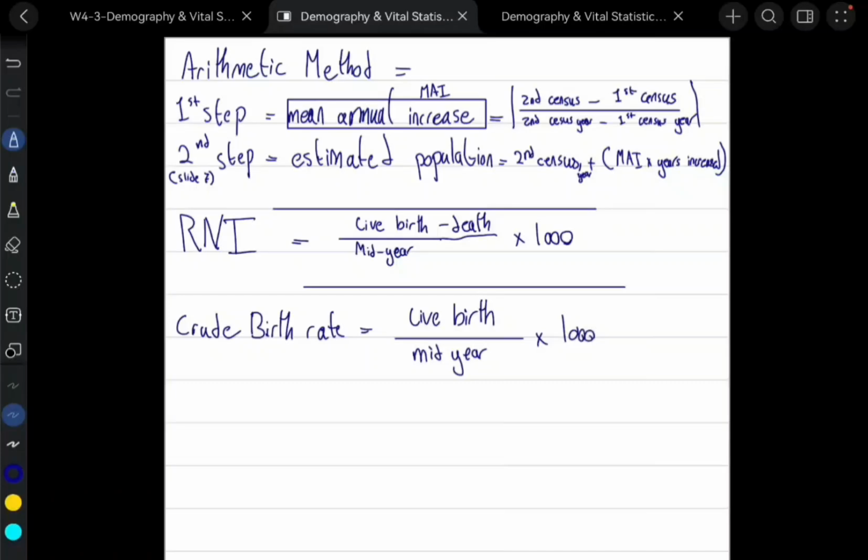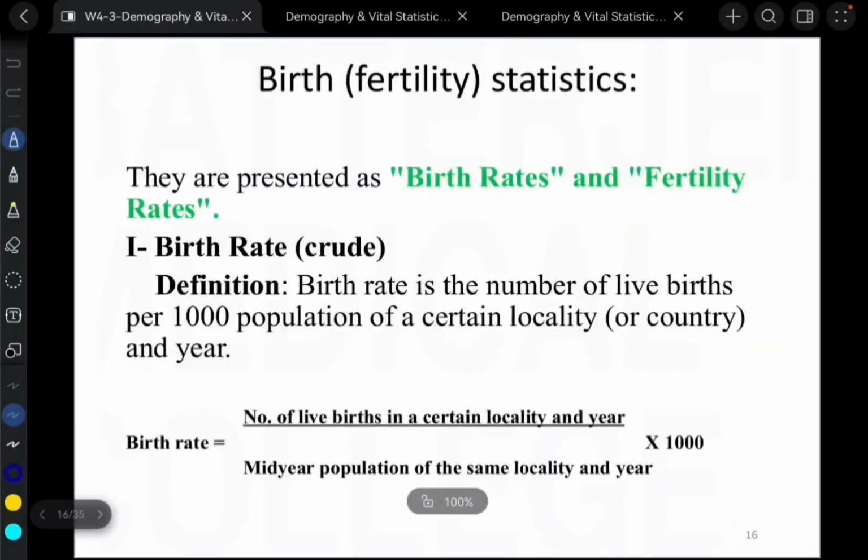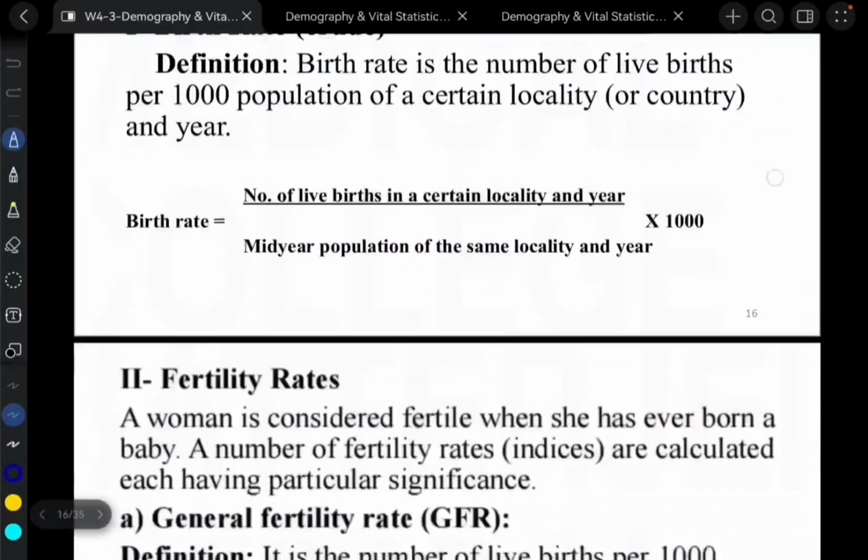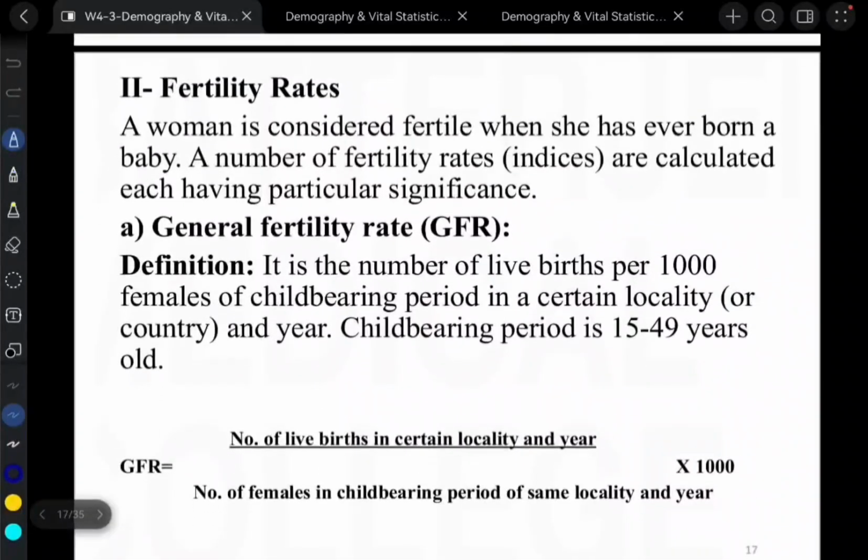Again, you could make that into a percentage later on if it's asked, but let's not deviate from the main topic here. Okay, that was the crude birth rate.